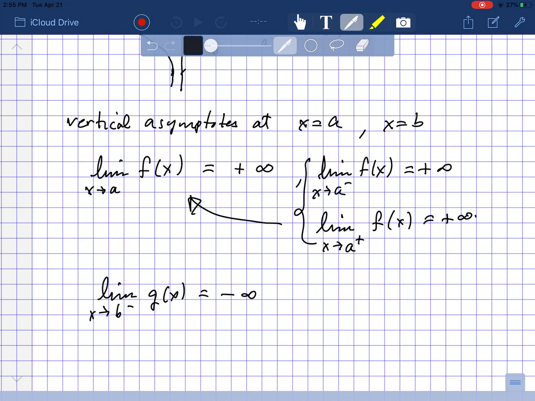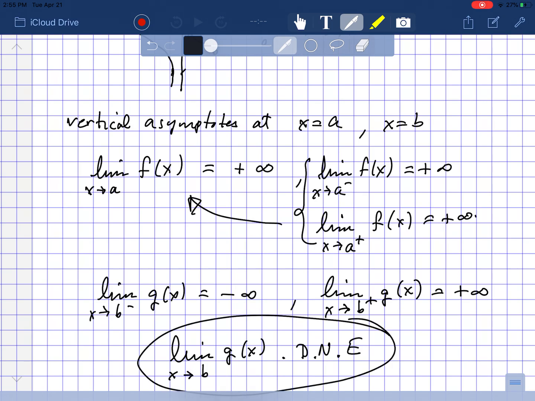And so in this case, we have this limit as x approaches b from the left-hand side of g of x is equal to minus infinity, whereas the limit as x approaches b from the right-hand side of g of x is equal to plus infinity. Okay? So in this case, all I can say about the limit as x goes to b of g of x is that it does not exist.